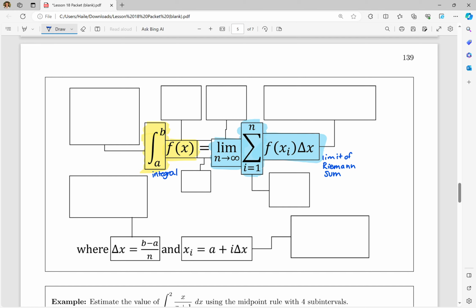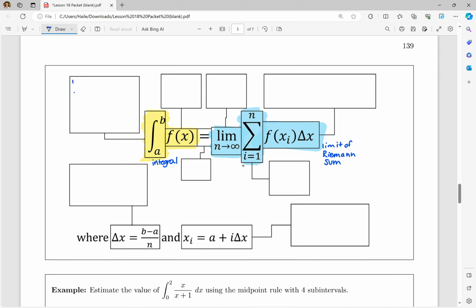So let's start with the integral notation. So this thing is what we call integral notation. It looks like a really skinny long S, and the bounds, so the interval a to b of the Riemann sum becomes the bounds.